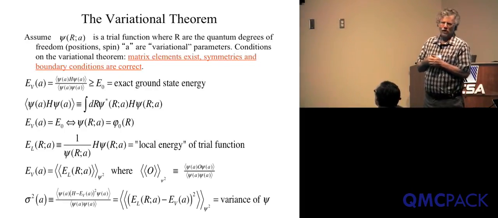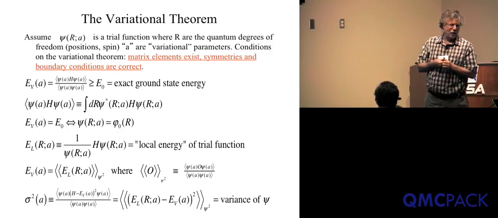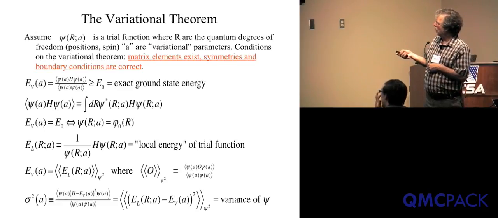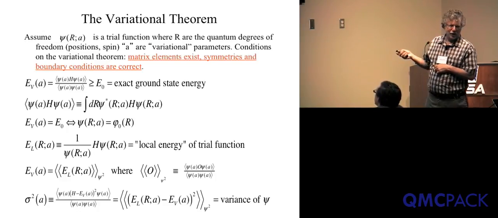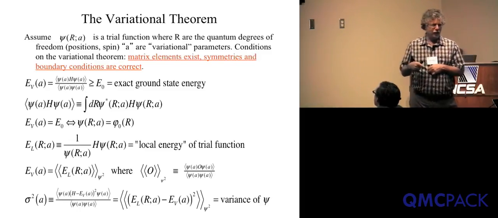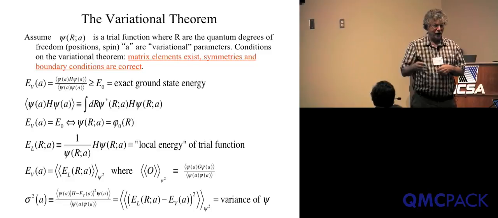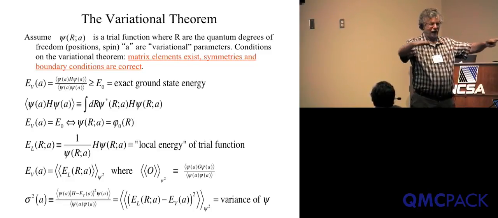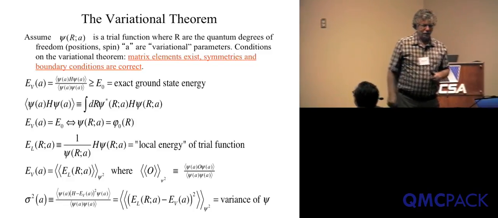It's the error of the trial wave function in a way. Okay, what would happen if the trial wave function, this psi here, was an exact solution? Well, then H psi would equal E psi, and the psi's would cancel out, and your local energy would be the ground state energy. So it would be a flat function, right?